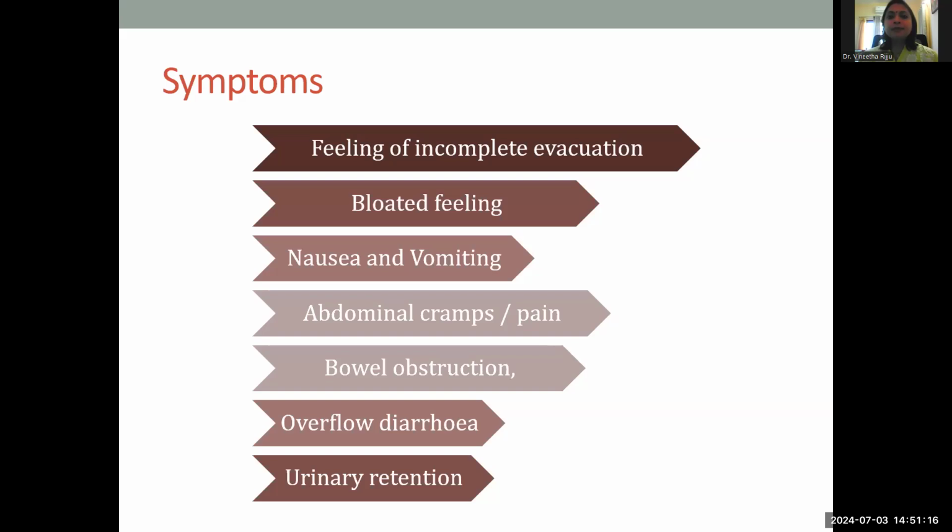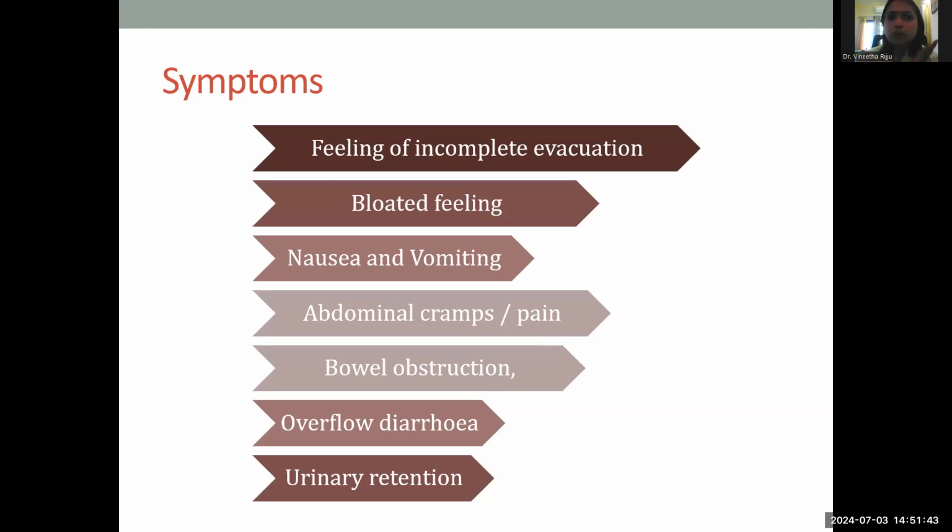Okay, and yes, we also have long answers like Ranjit has said about long-term constipation and escaping fluid through, and mucosal irritation from hard stools. And like you all were saying, urinary retention is also another symptom.